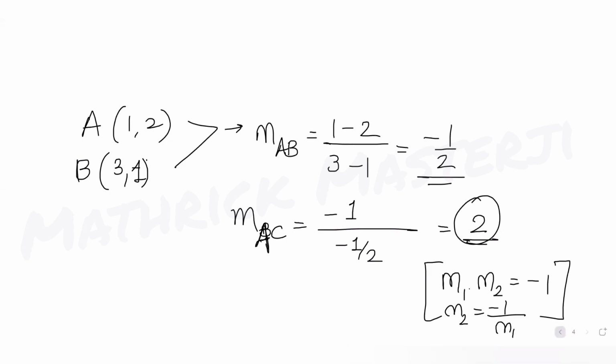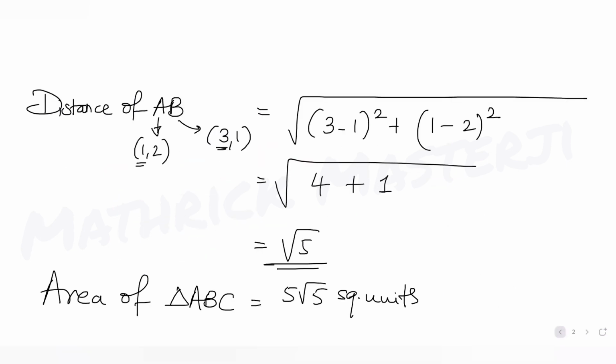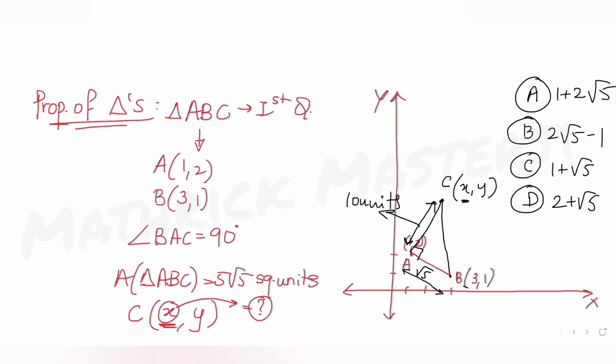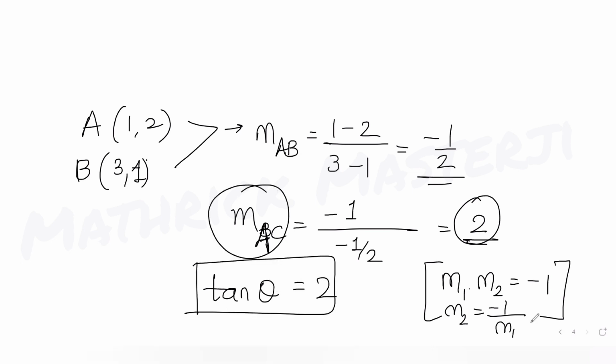Now, if I further want to find the x coordinate or abscissa of the third vertex C, let's see that. So I have this triangle with me. Now what I can do is understand that slope is nothing but tan theta. So I get tan theta for this line AC is equal to 2.